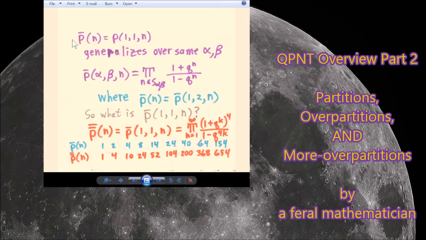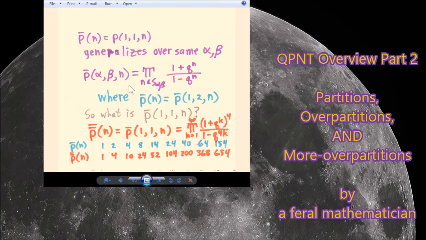So now that we have over-partitions of n as the special case of the generalization of partitions, we can say, well, what if we took over-partitions of n and generalized that over the very same alpha and beta? Of course we can do that. Nothing is stopping us. It's just as simple as this.